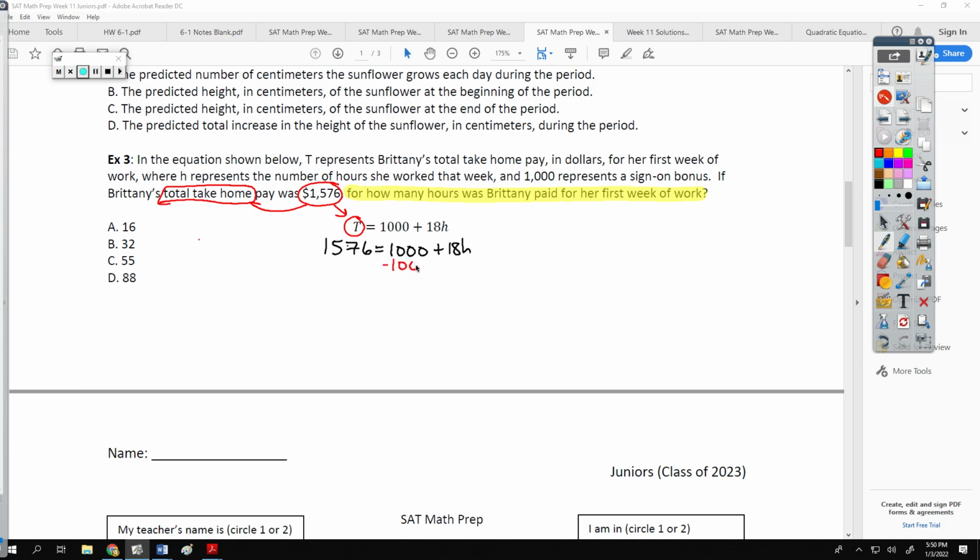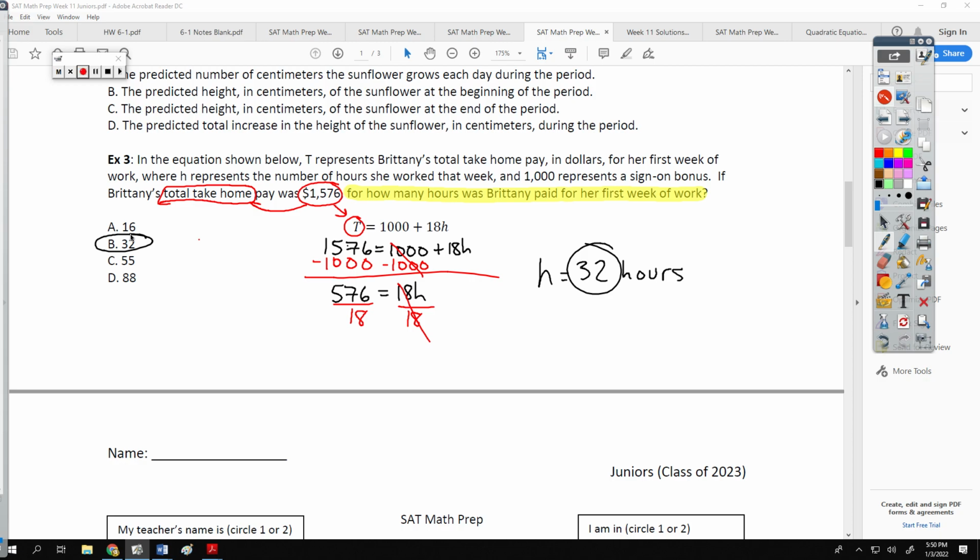So we would subtract 1,000 from each side, which would give us 576 equals 18H, and then we would divide by 18, which would give us H equals 32 hours, which means that she worked for 32 hours in that first week.